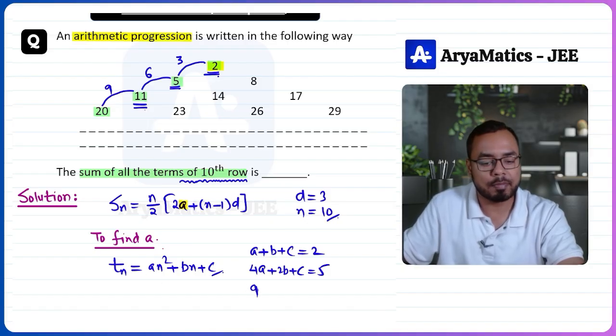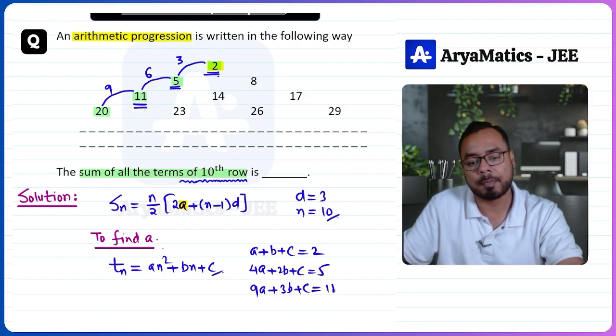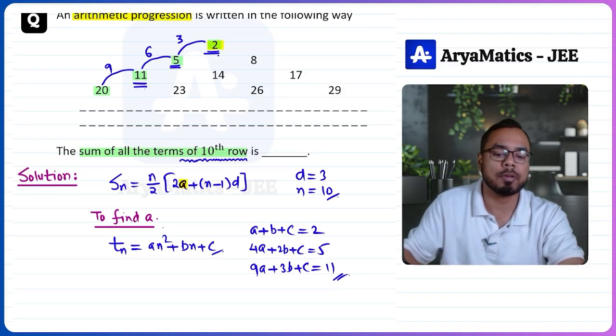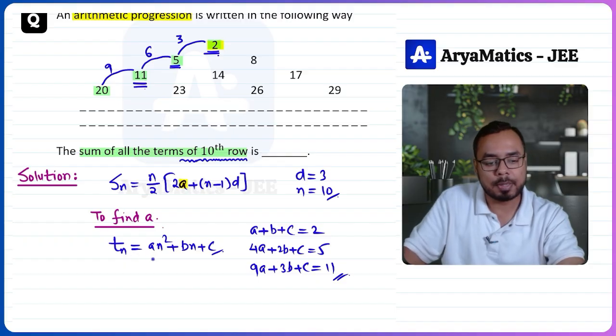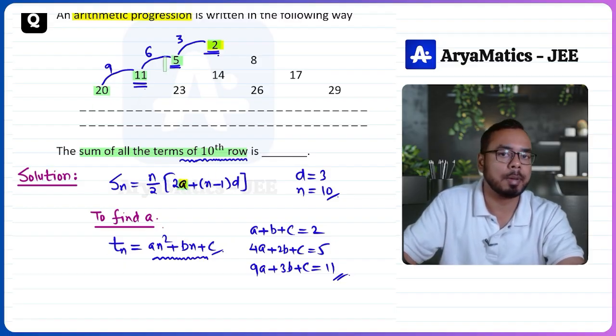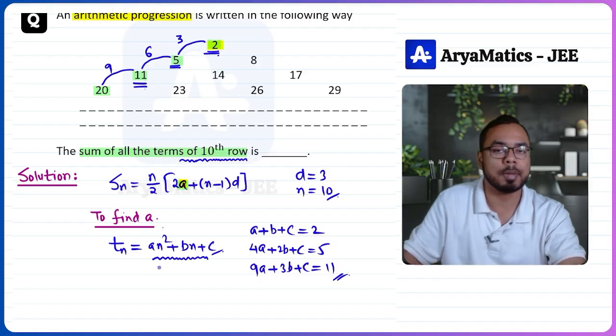So in place of n, if we write 3, we'll get 9a plus 3b plus c, which equals 11. Now by solving these three equations in three unknowns, we can easily get the values of a, b, and c. Once you have a, b, c, you will get tn, and then you can calculate t10, because the first term of the 10th row will be the 10th element of this sequence. That will be one method.